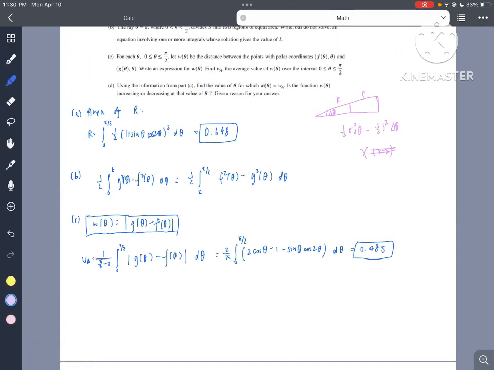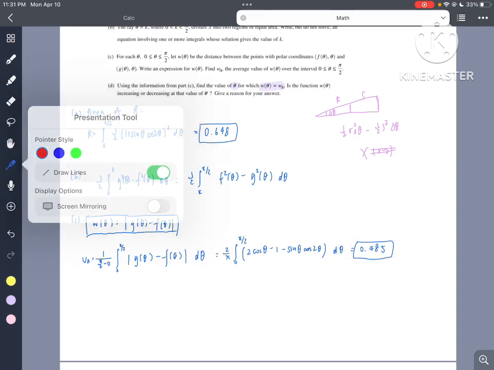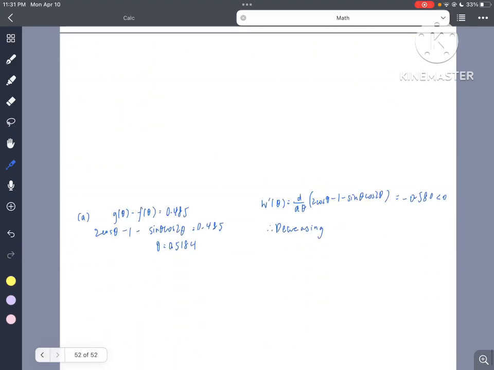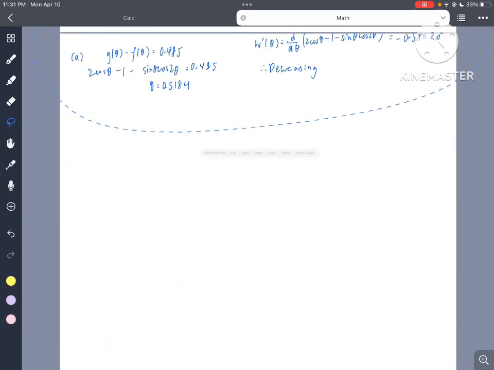And for the last question, we want to find a value where it's equal to the average. So you just set w of this to be equal to the average. And then we take the derivative to find if it's increasing or decreasing.